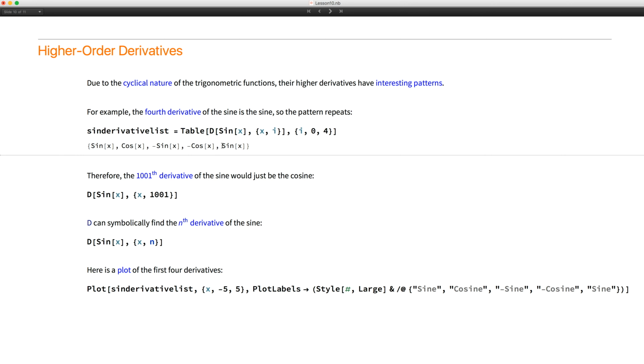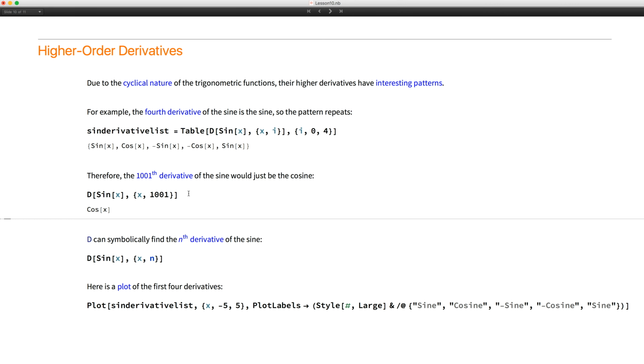So you're back to sine x after a cycle of 4 derivatives. If I ask you for the 1001st derivative of the sine function, you divide by 4, get 1 as a remainder, and so the answer is cosine of x.